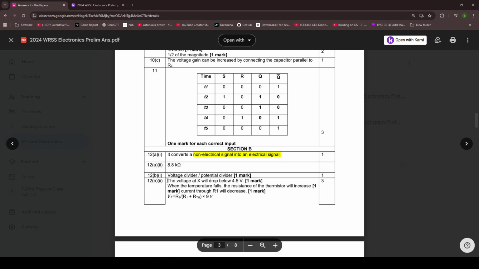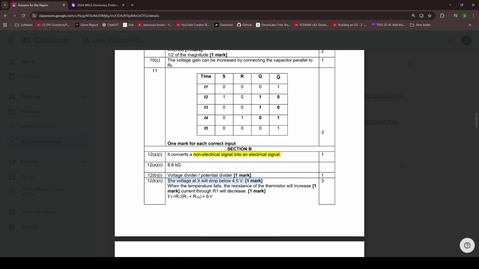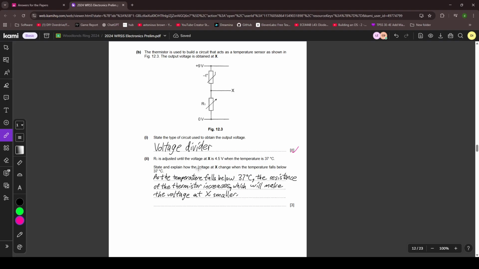Okay, they explicitly say 1 mark allocated. You must say the voltage at X will drop below 4.5 volts. Oh, you have to state how it changes, which you did, but you never said below 4.5.